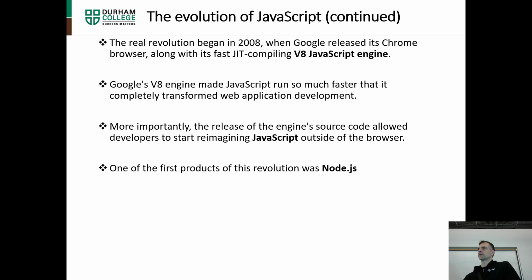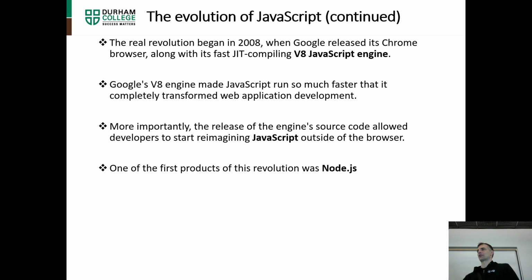So in 2008, Google came out with this idea of a V8 engine. The V8 engine is a just-in-time, fast compiling engine, and it allows us to compile more complex code. Actually, our browsers sped up in 2008. Before 2008, we had older browsers like IE3, if I'm not wrong, or IE6.